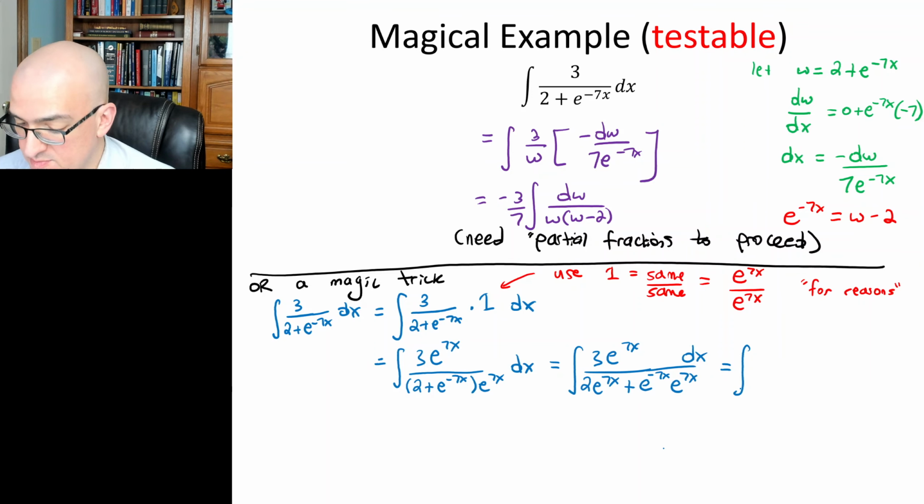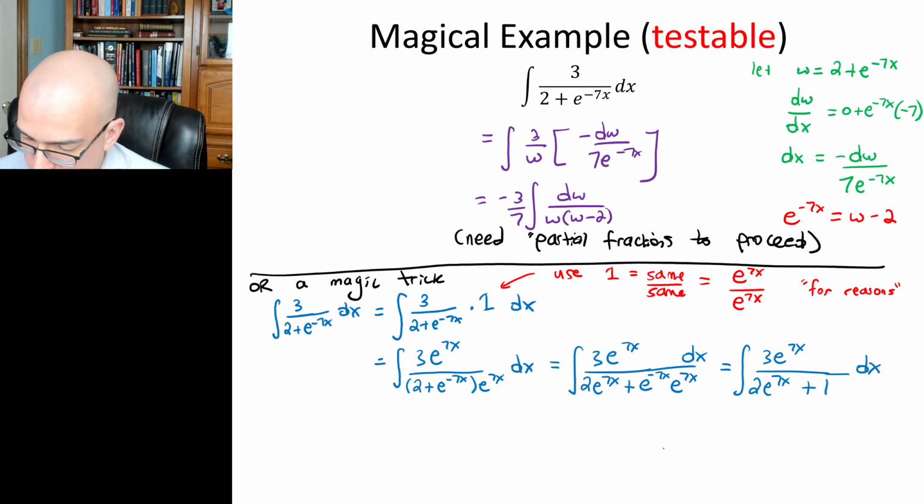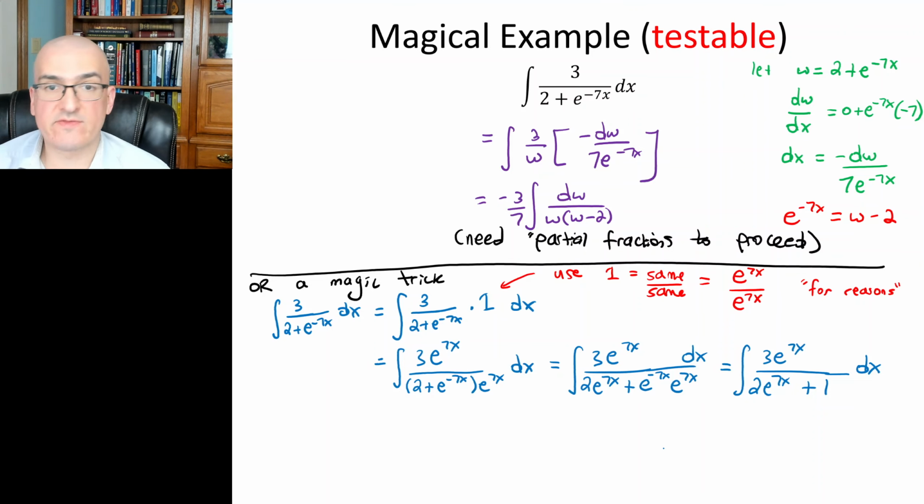And then we can use exponent laws. We have 3 e to the 7x over 2 e to the 7x plus 1, since e to the negative 7x times e to the positive 7x, the exponents add, we get e to the 0, which is 1.